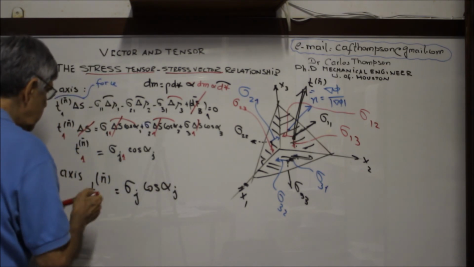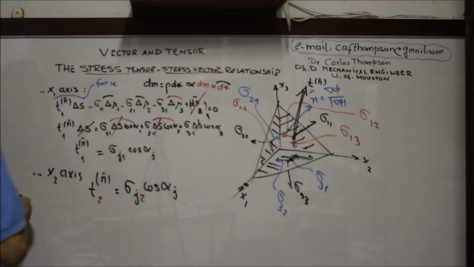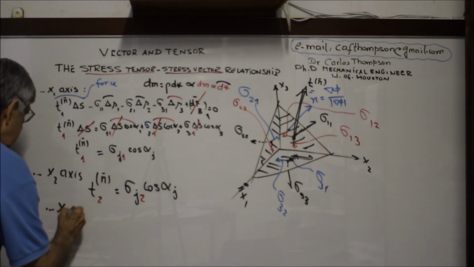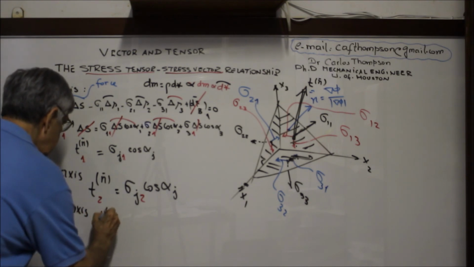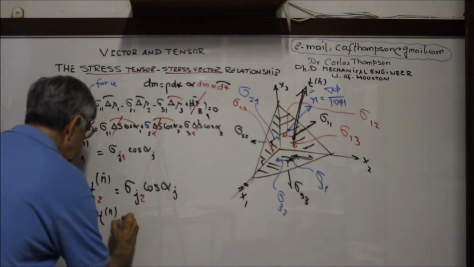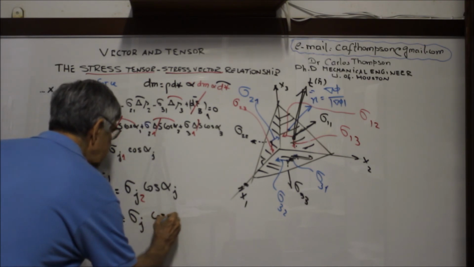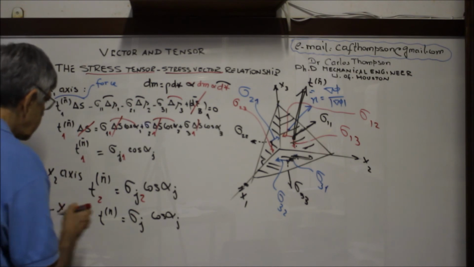And for the x3 axis, T n 3 is equal to sigma 3 j cosine alpha j.